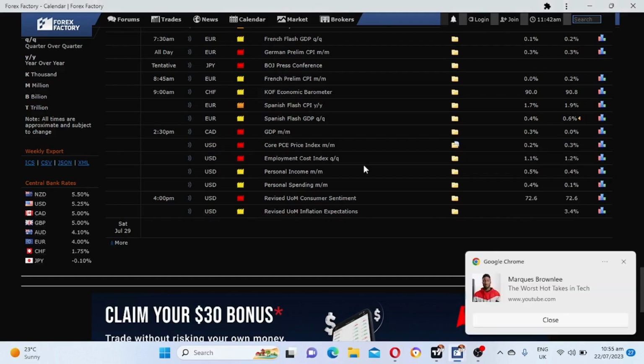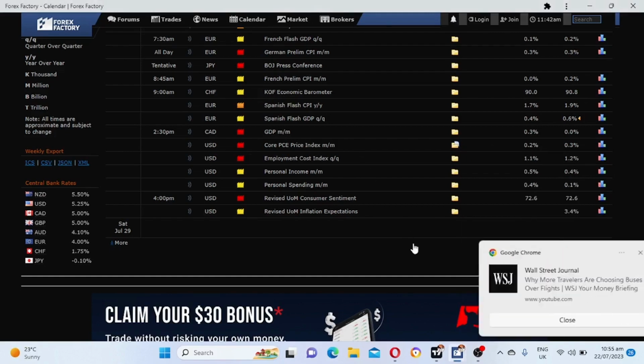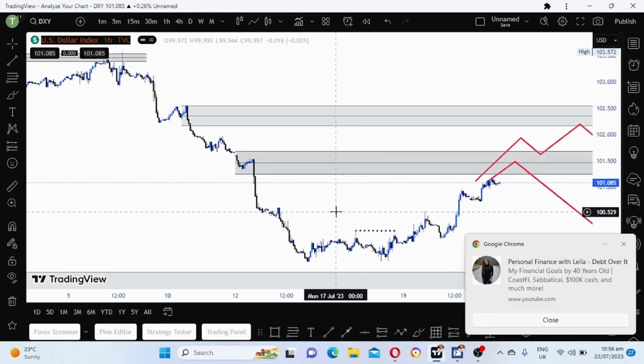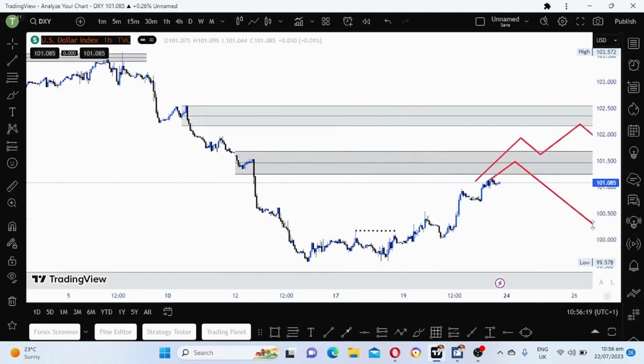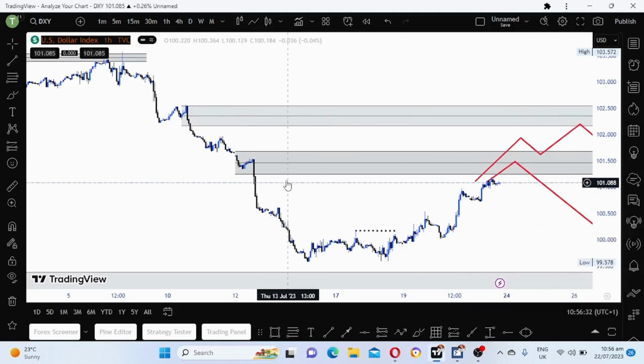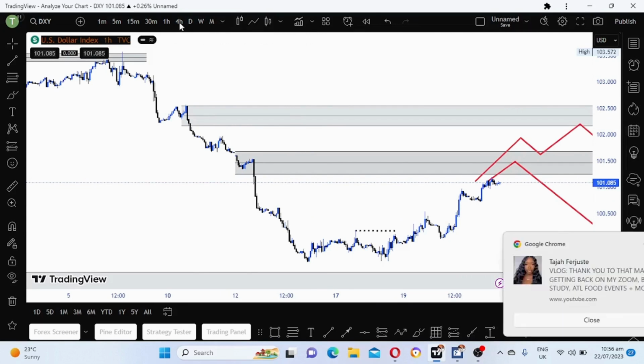So now let's get back into the charts to see how the DXY is doing. Okay, now looking at the dollar index, let me go to the H4.